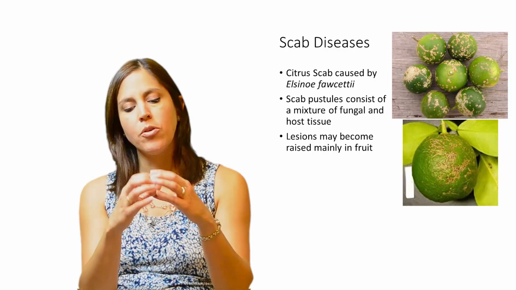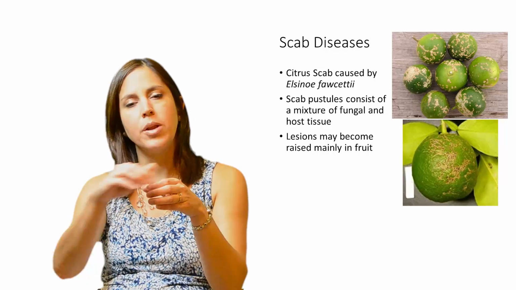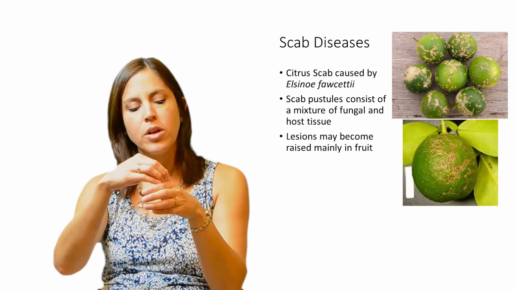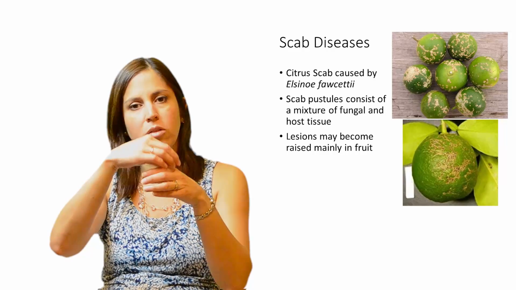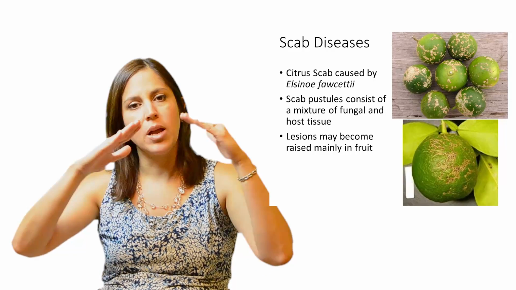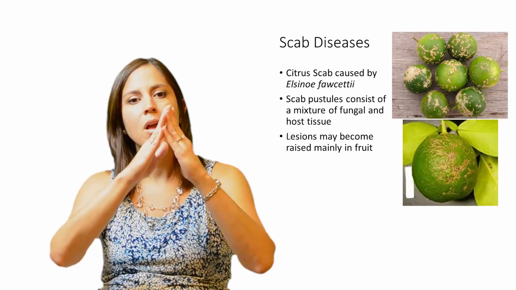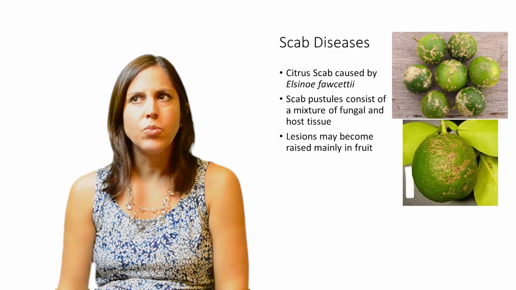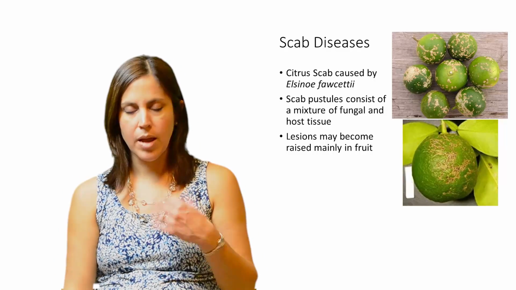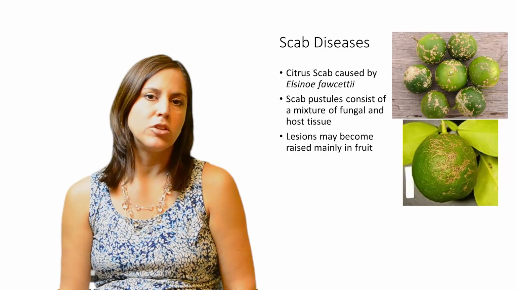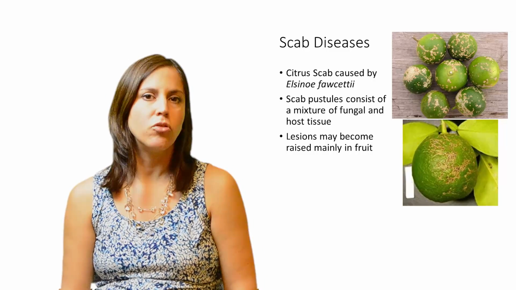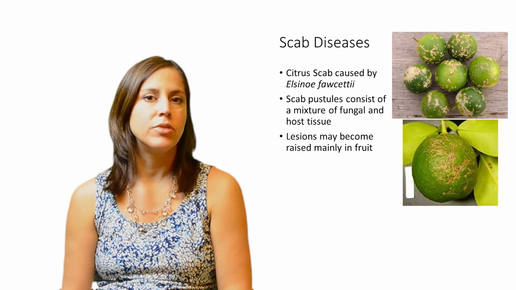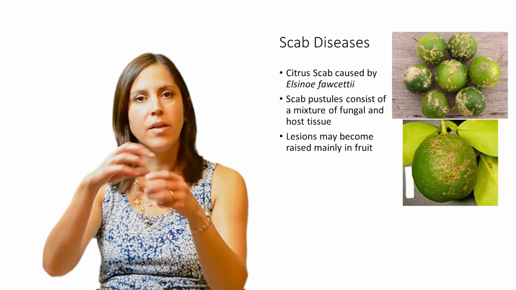If the fruit on the tree is rubbing on some branches, it can create a wound, and then this fungus is going to go in there and start producing lesions that can sometimes even be raised on the fruit. Last class, when we were in the lab, I took some Satsuma mandarins that had symptoms of this scab disease, and they were really bad.